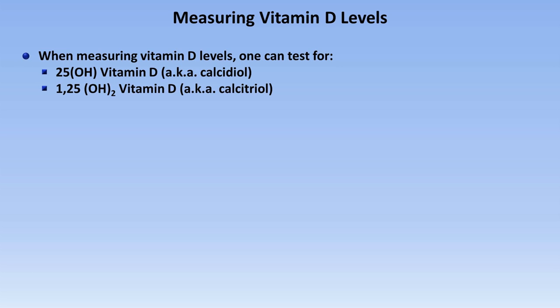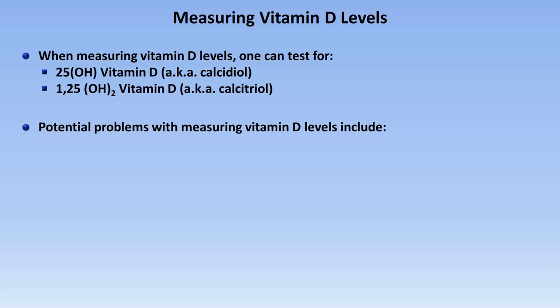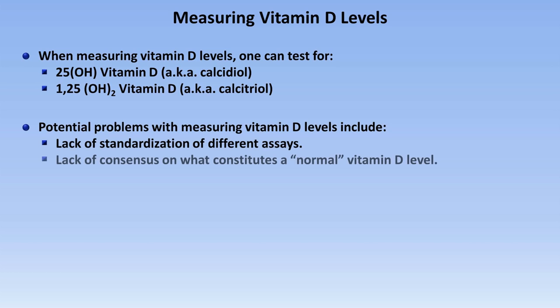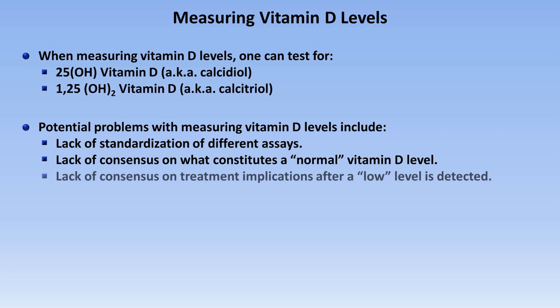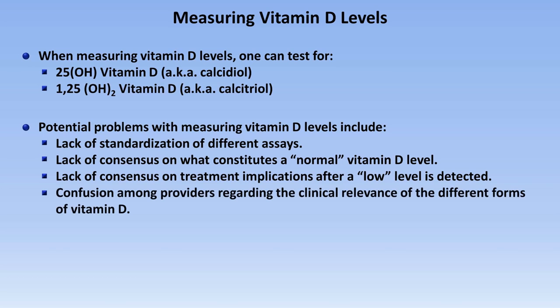Sometimes both are ordered. Potential problems with measuring vitamin D levels include lack of standardization of different assays, lack of consensus on what constitutes a normal vitamin D level, lack of consensus on treatment implications after a low level is detected, and confusion among providers regarding the clinical relevance of the different forms of vitamin D.